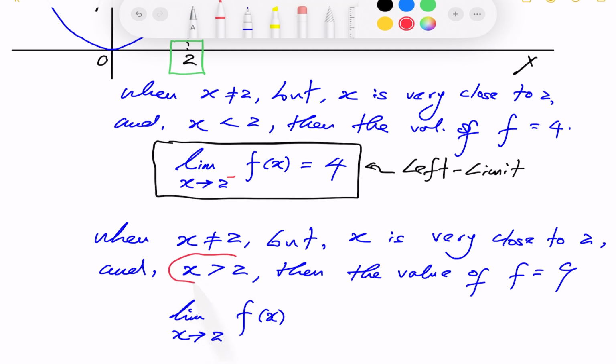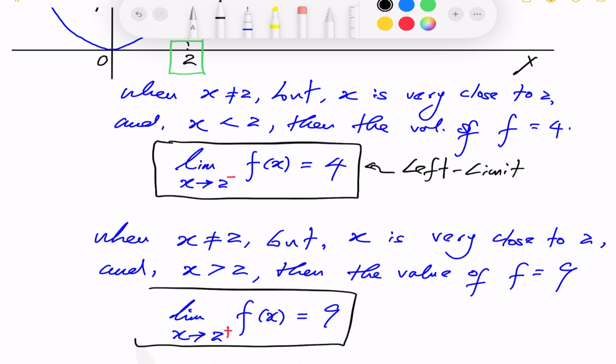We have this information, x is greater than 2. Therefore, even though x is very close to 2, this x approaches a value that is slightly more than 2. Therefore, in order to indicate that, we write a plus sign as a superscript. Then this f value will be equal to 9. Now that statement is called the right hand limit. Simply the right limit.